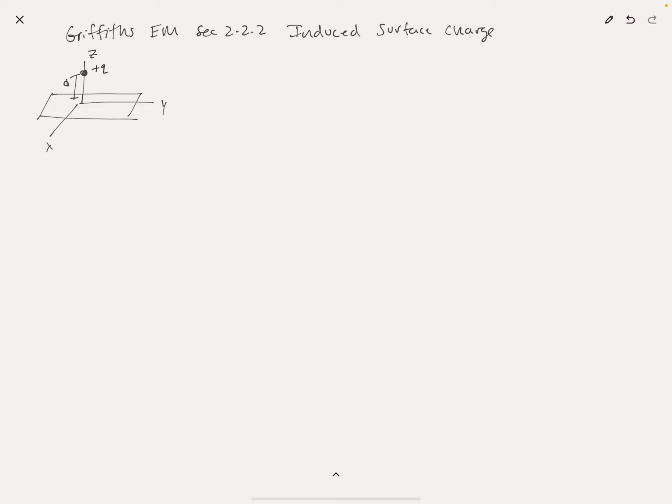We used the uniqueness theorem and satisfied the boundary conditions for this problem, and said that this was equivalent to a scenario where we had a charge plus q, a distance d above the xy plane, and a charge minus q, a distance d below the xy plane.